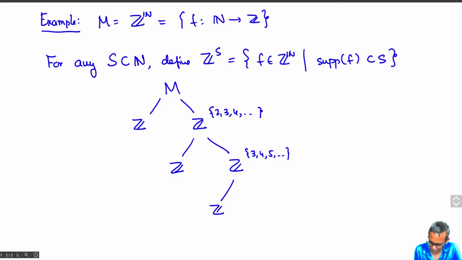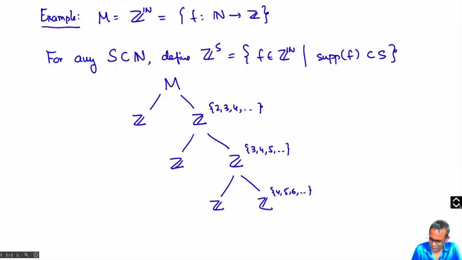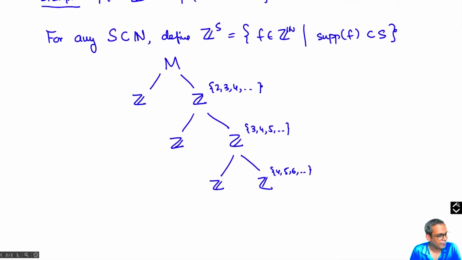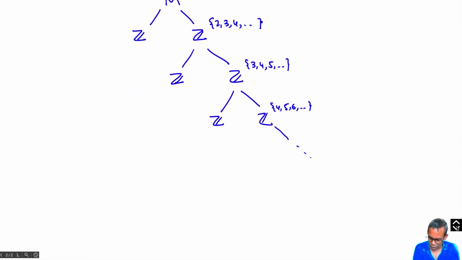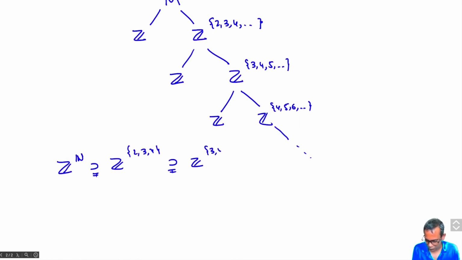And then this again can be decomposed, Z^{4,5,6,...}. So what this example illustrates is that when this algorithm runs forever without stopping, along this branch of the tree we get a descending chain of submodules that never stabilizes. So the chain Z^N contains Z^{2,3,4,...}, contains Z^{3,4,5,...}. This violates the DCC.